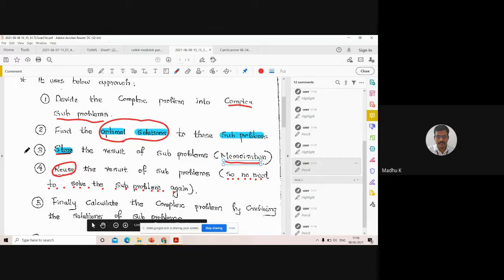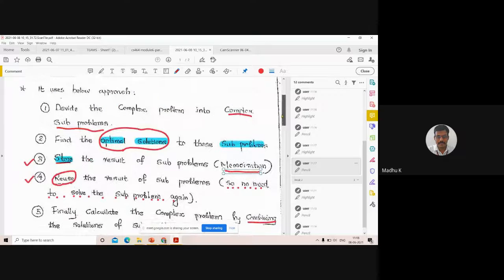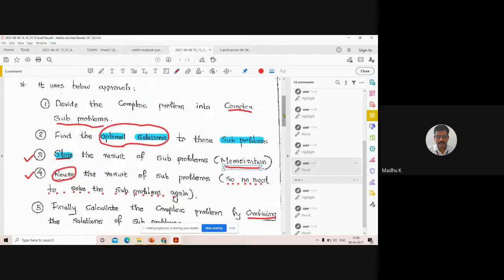These are very important. The store and reuse method is used. Then finally, combine the solutions of the subproblems to get the final solution. This is similar to the divide and conquer approach, but with some slight modification.